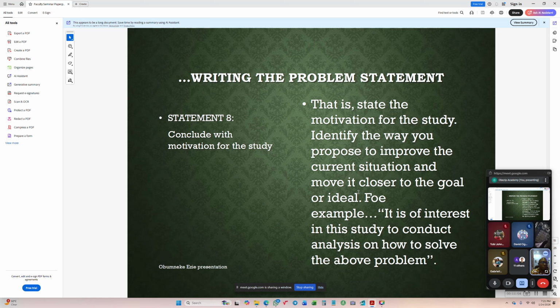And in this case here, you restate more or less the topic of your study. It is of interest in this study to figure out the impact of financial inclusion on manufacturing sector growth.